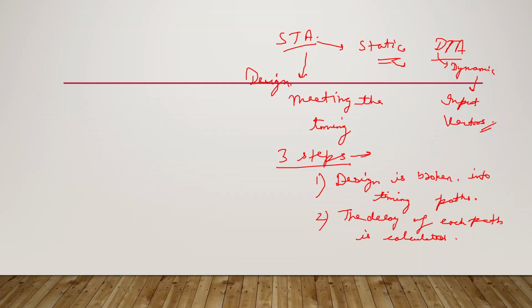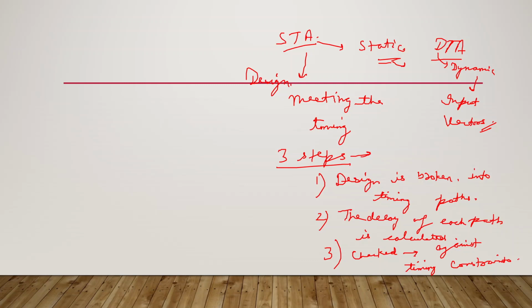And what is the third point? That all path delays are checked against timing constraints. There will be some constraints, so we need to check the delay of each timing path.